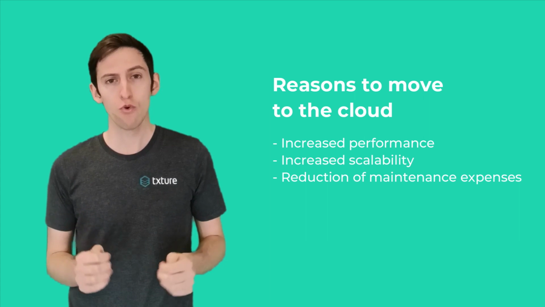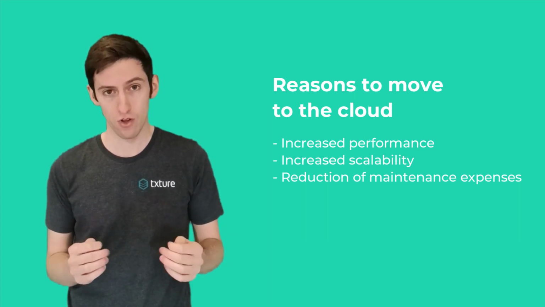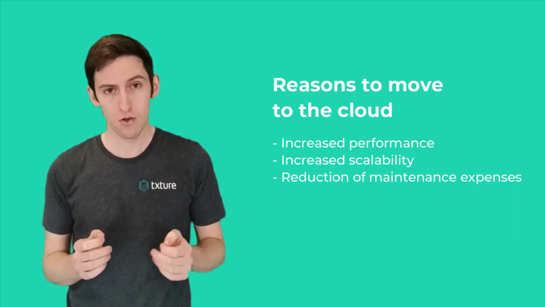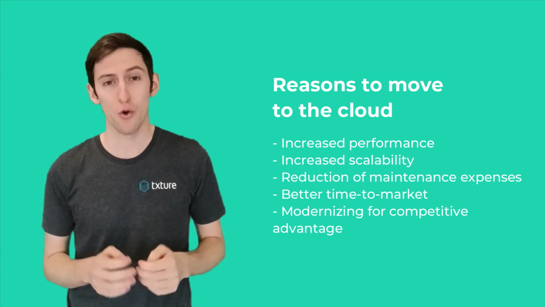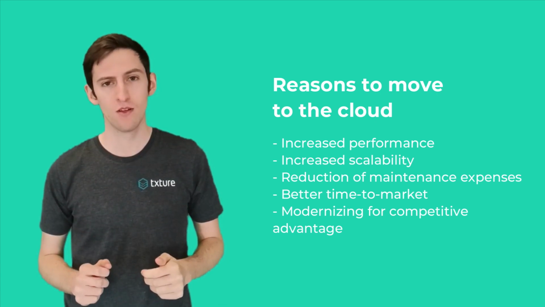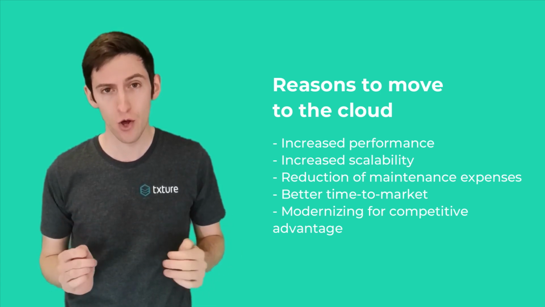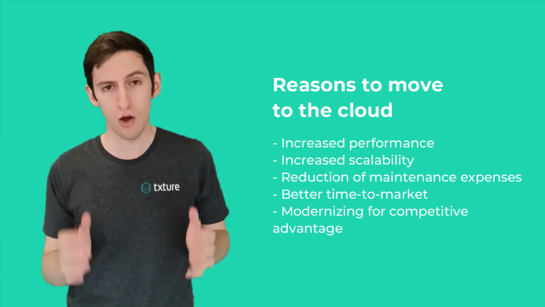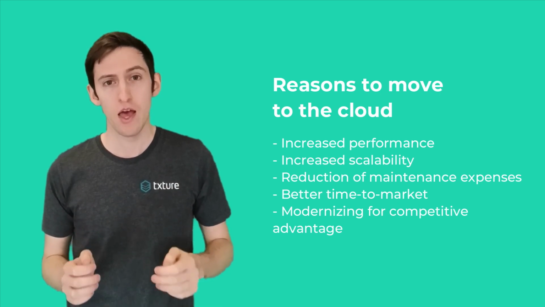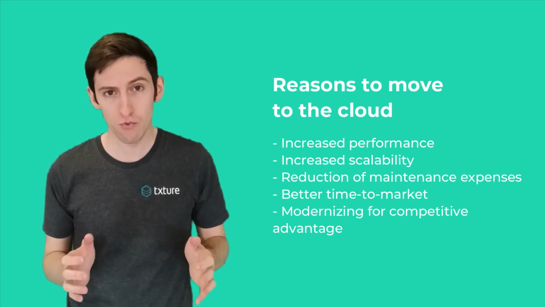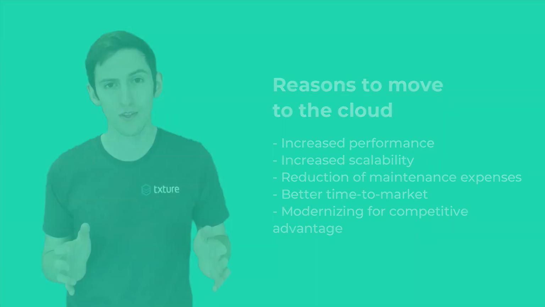Or maybe you want to modernize your IT infrastructure to innovate faster, shorten the time to market, and gain a competitive advantage. So it can be plenty of things, but if your goals are clear, you will be able to build a cloud target architecture that will efficiently serve your strategy, that will be aligned with your goals.